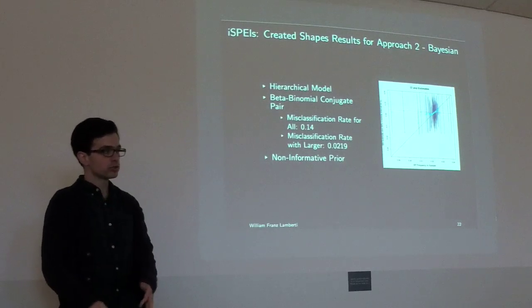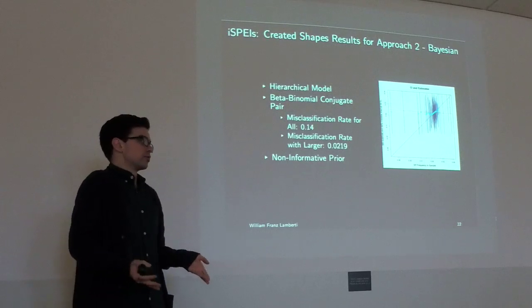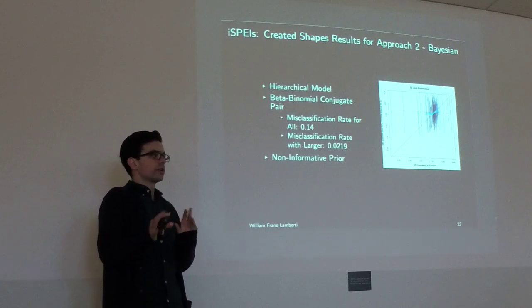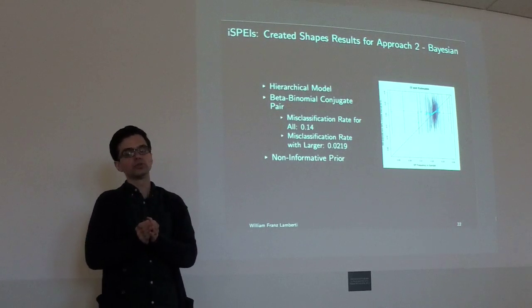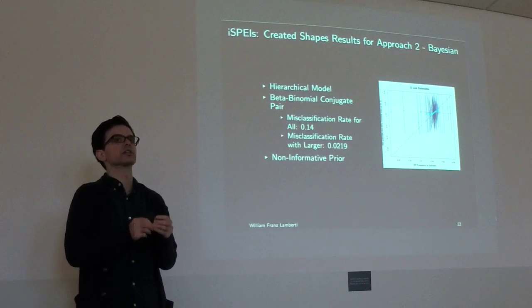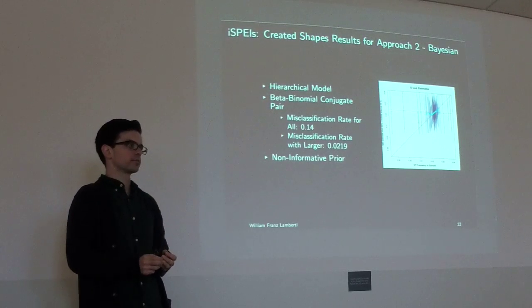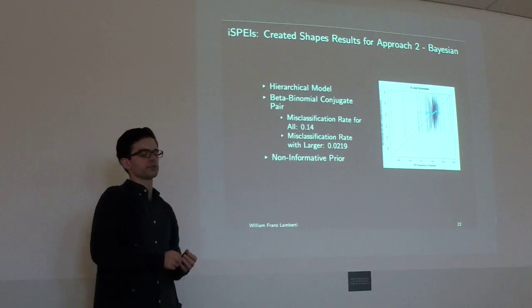But then if I just use the larger ones, I'm able to get about 2%. And so very comparable to quadratic discriminant analysis approach of just using the raw output and not estimating the SP values or anything.